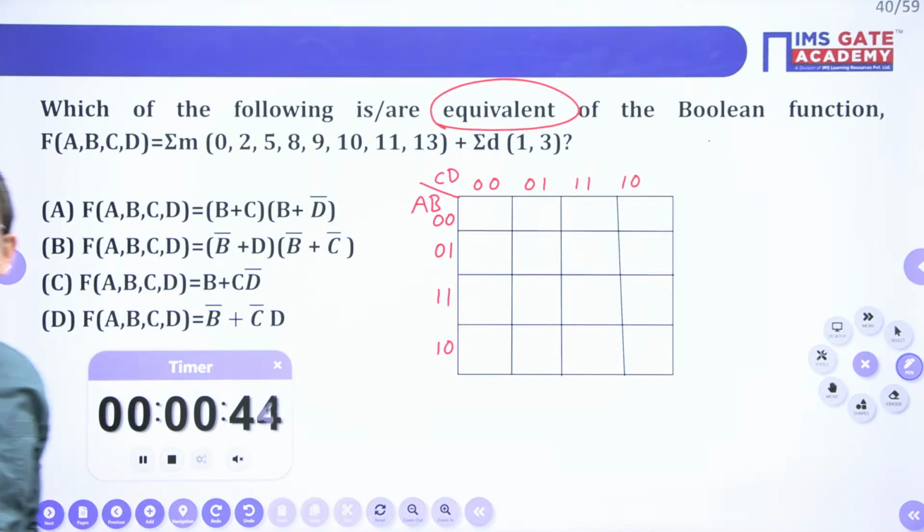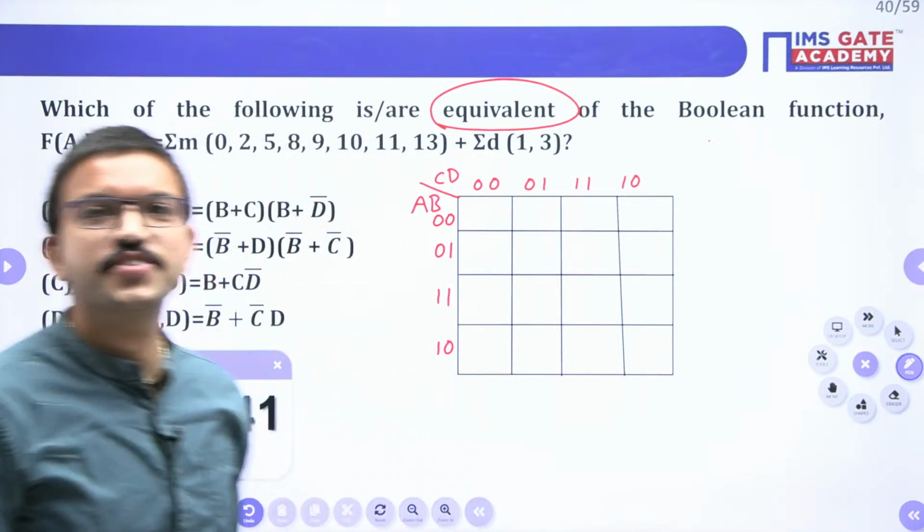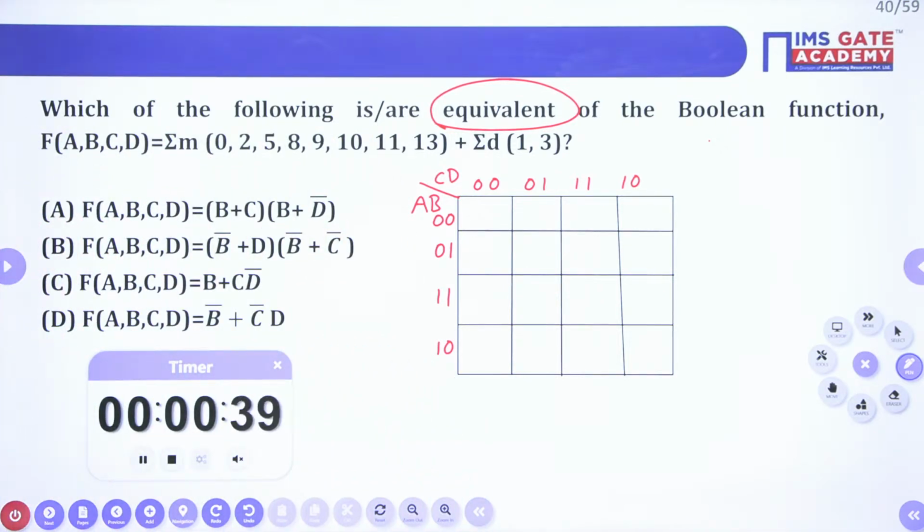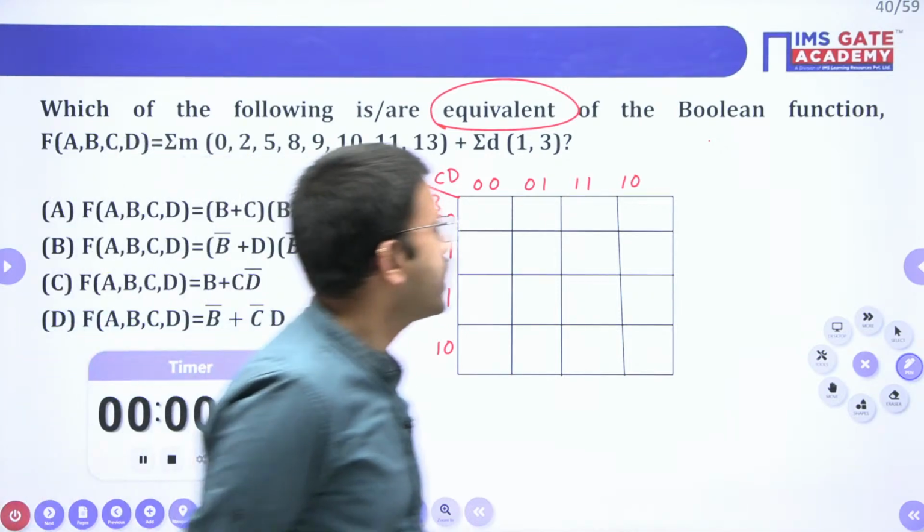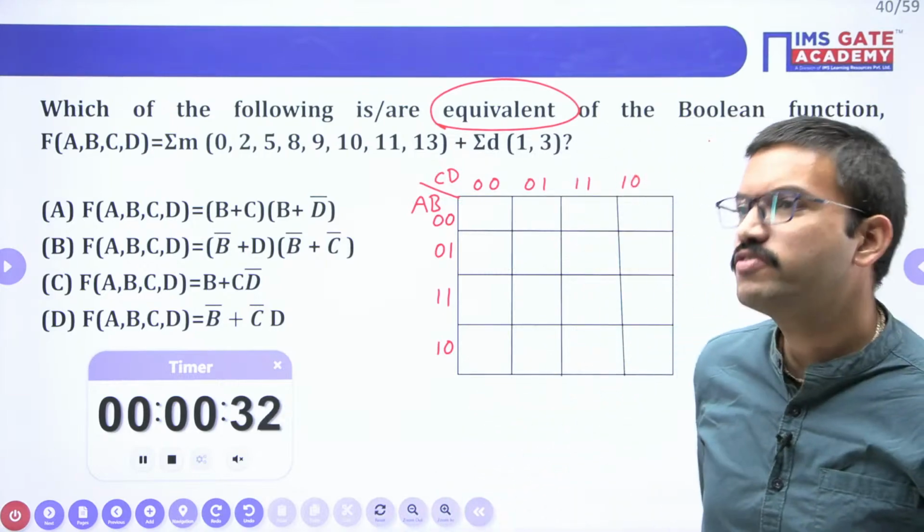Yes, very good Kundan. Others also please try. This is the last question for today's session, and this is a dead easy question. I hope all of you will get the correct answer.